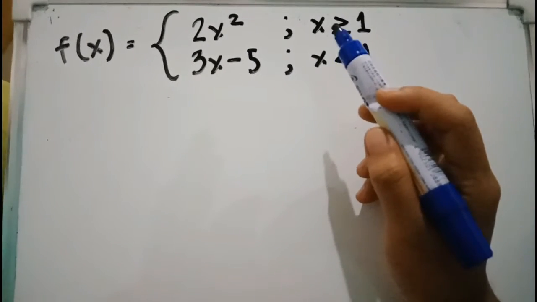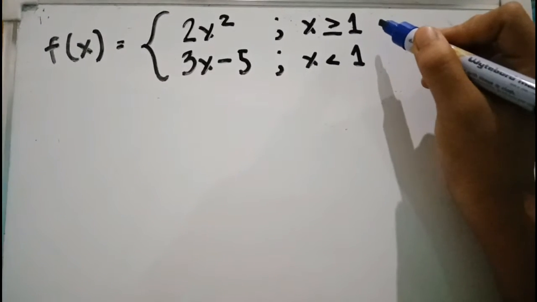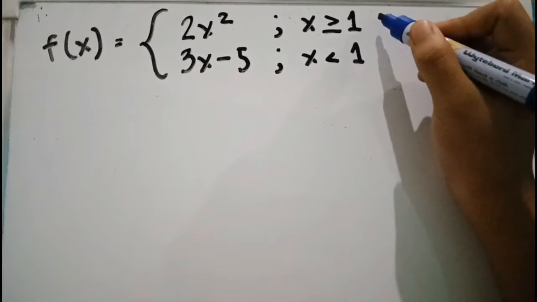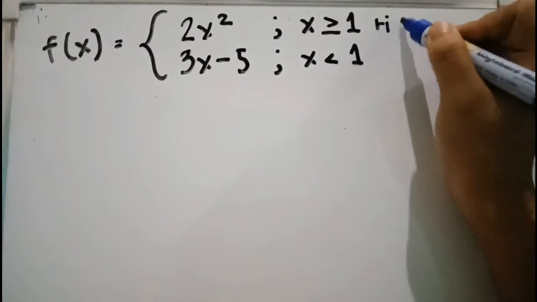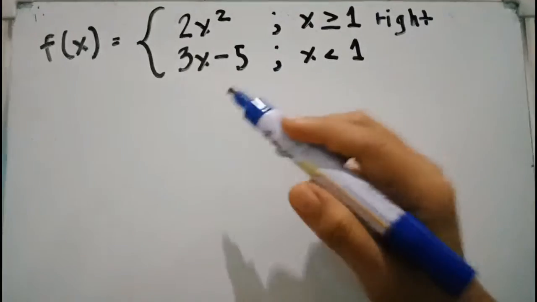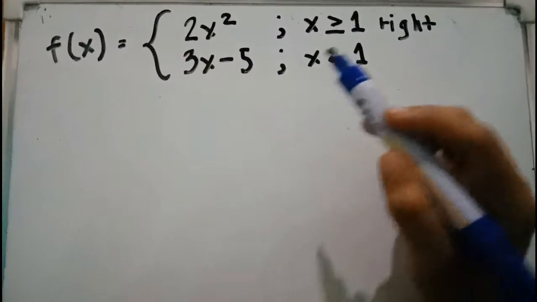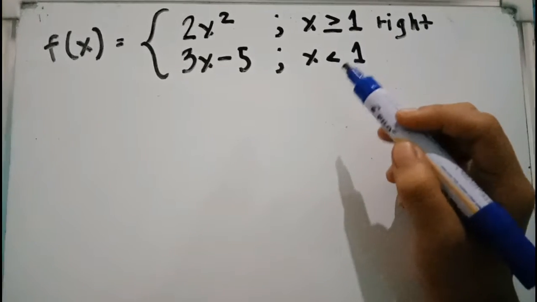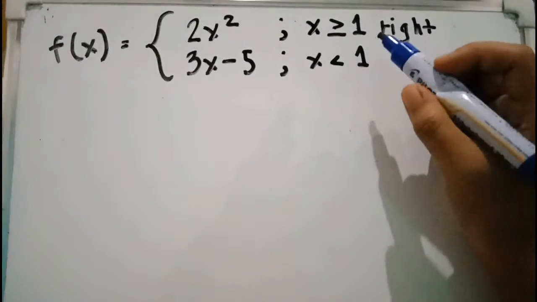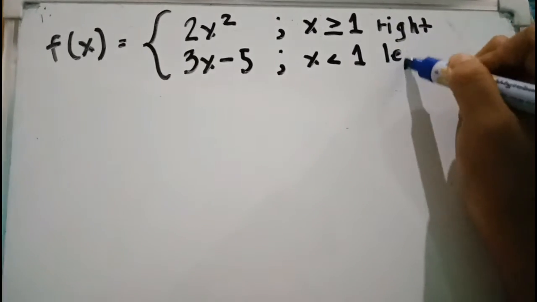So the direction of this function is going to the right. And the 3x minus 5, as x is less than 1, so this direction goes left.